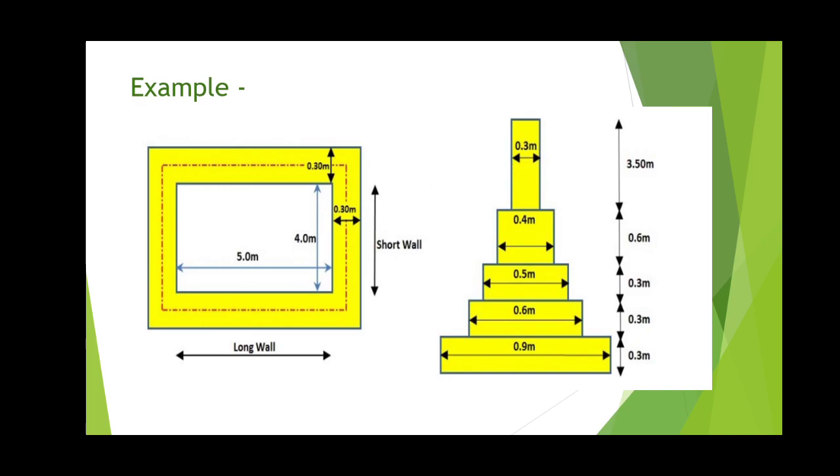The fourth step is 0.4 meter, made up of brickwork, and is used for plinth level. And the last step is for superstructure, having a width or thickness of 0.3 meter and a height of 3.5 meters. From all these details, we are going to calculate the quantity of all the items.